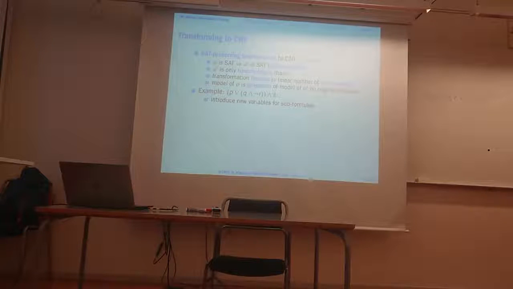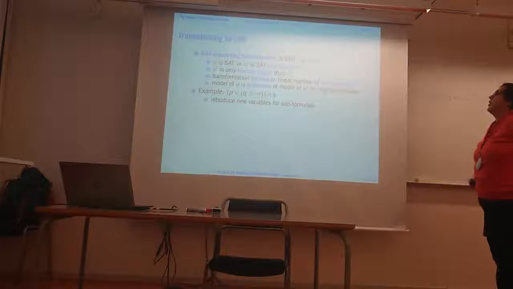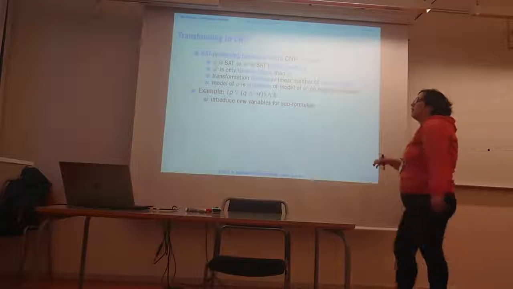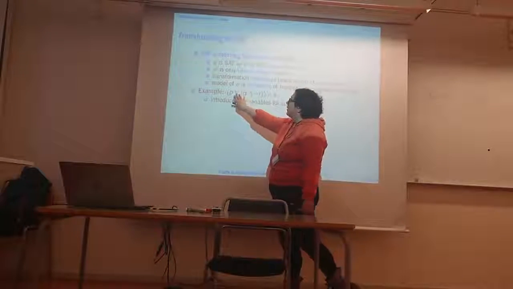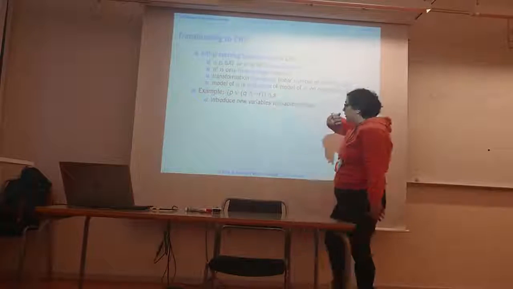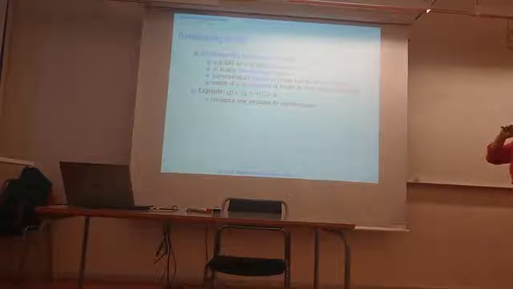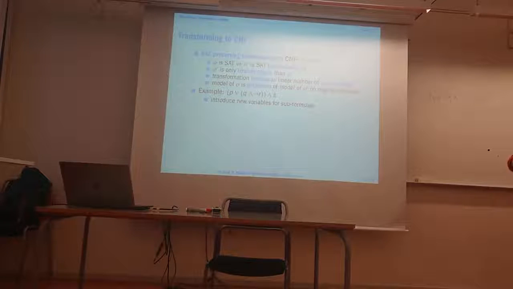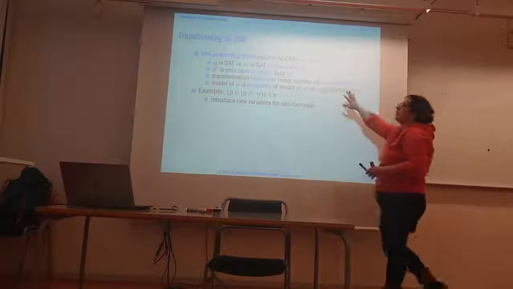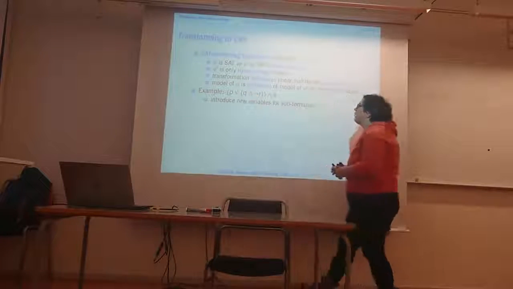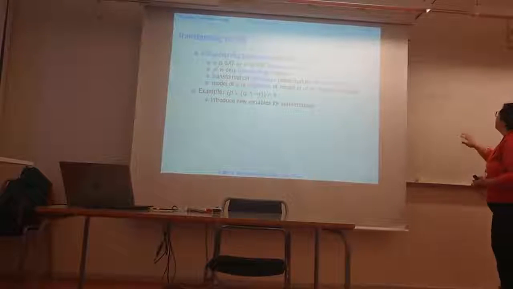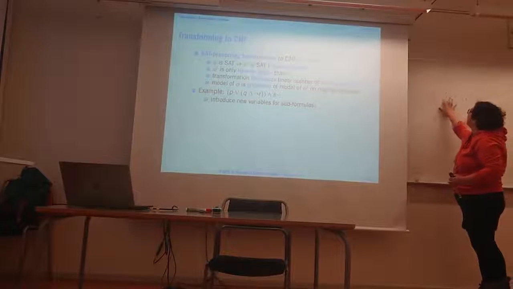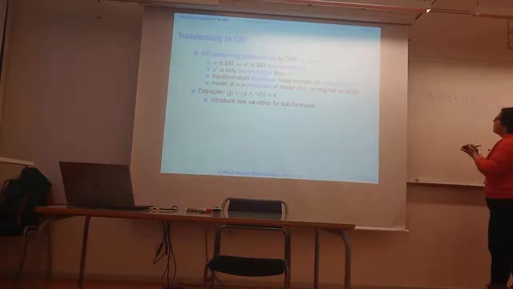It's much easier to write in a program because then you wouldn't make mistakes. But the idea behind transforming this formula to a SAT formula, which is basically CNF and has these properties, is to introduce a new variable for each subformula. And what is the subformula? This is one subformula, this is one, and this is one.